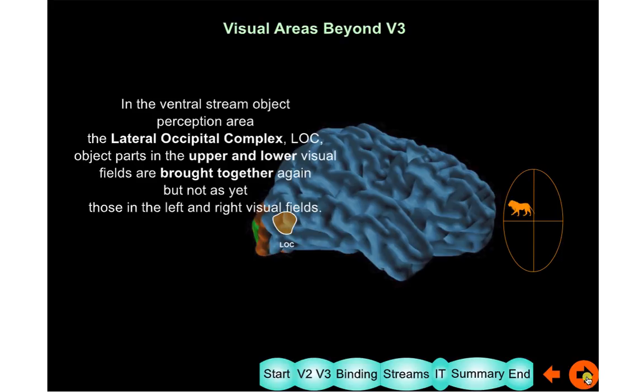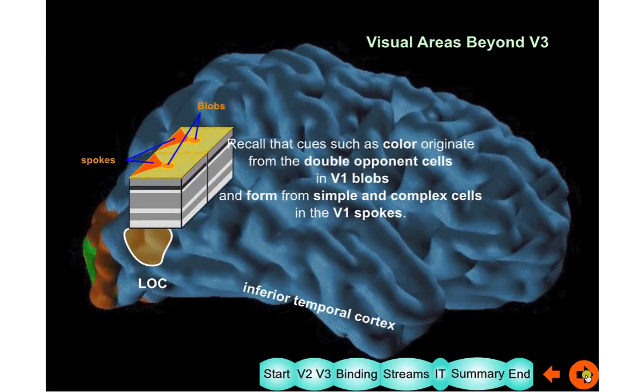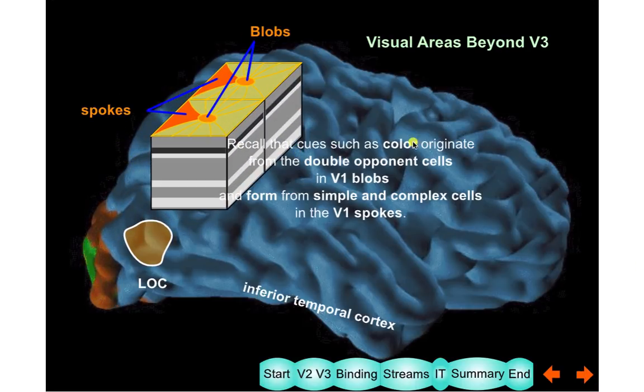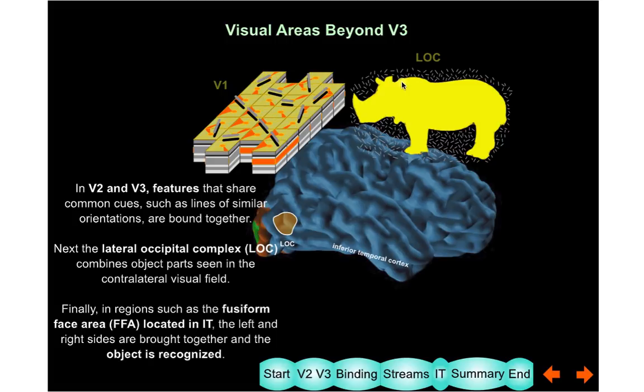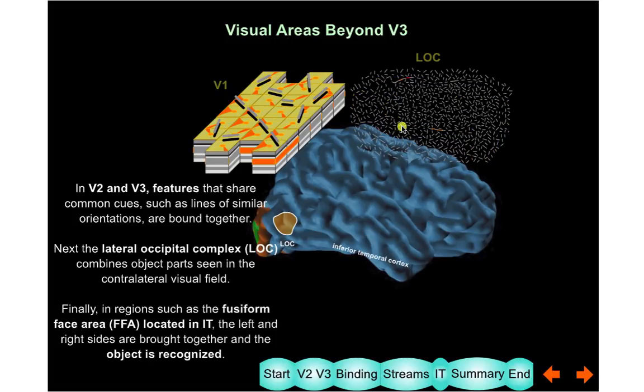And it doesn't put together the right and left, it puts the top and bottom together. So we saw that we have these spokes and these blobs in V1. And over in LOC, through V2, V3, and several other areas, we start putting together that maybe these little edges here belong to an object.